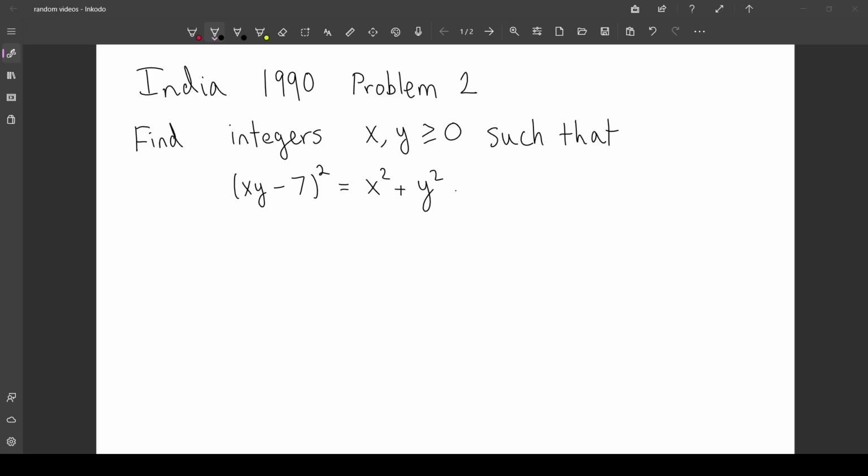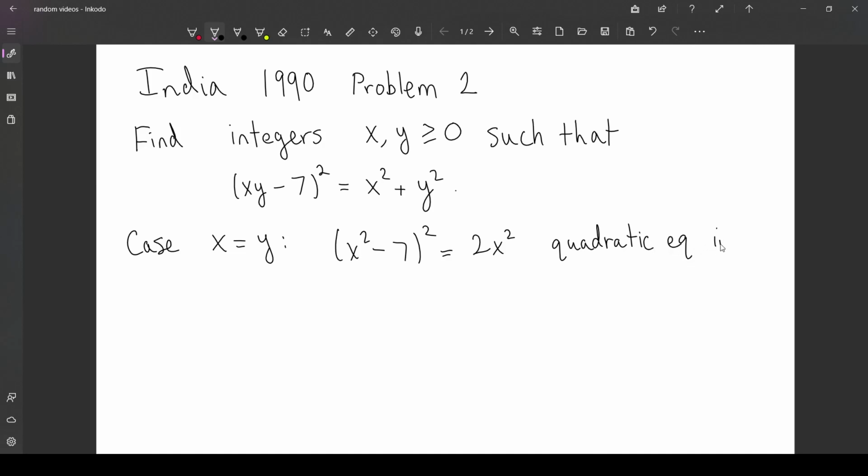The first thing we can consider is, what if x is equal to y? Well, in that case, substituting y equals x, you get (x squared minus 7) squared equals 2x squared. This is a quadratic equation in x squared, so I'll call this u.